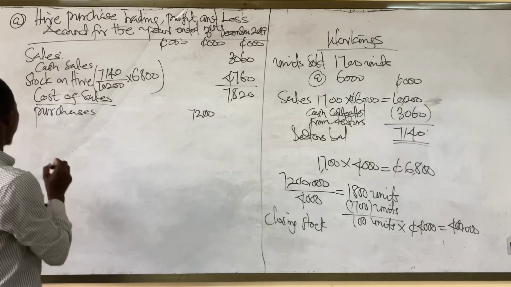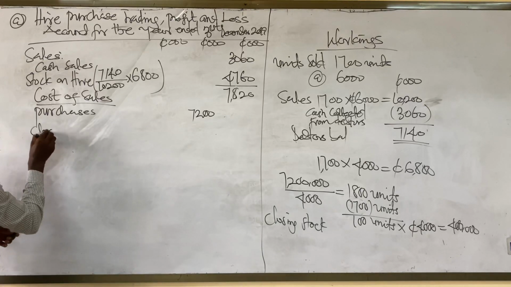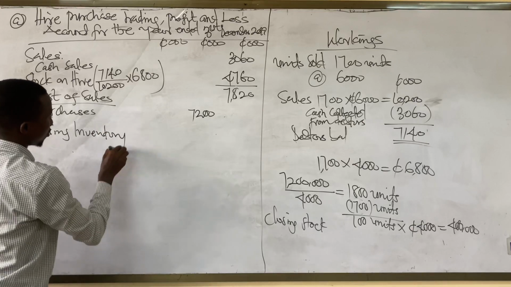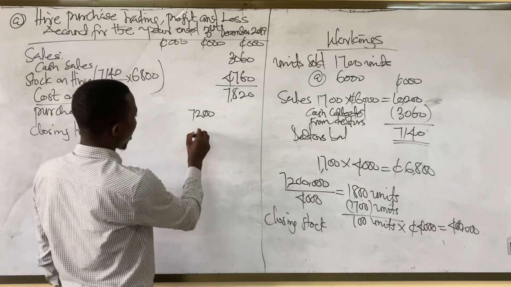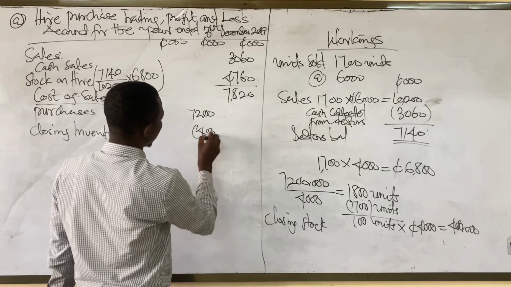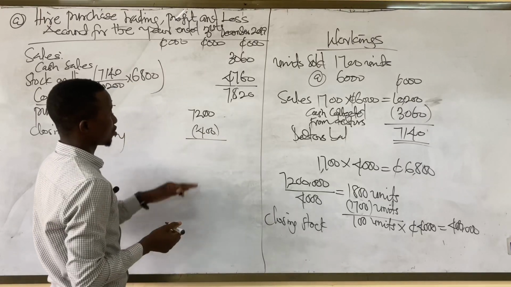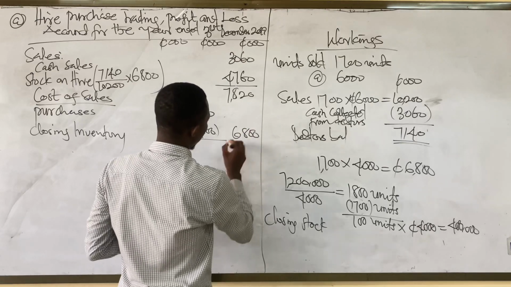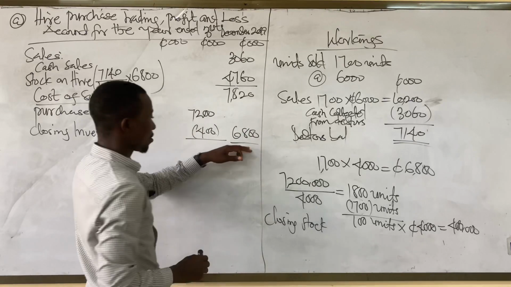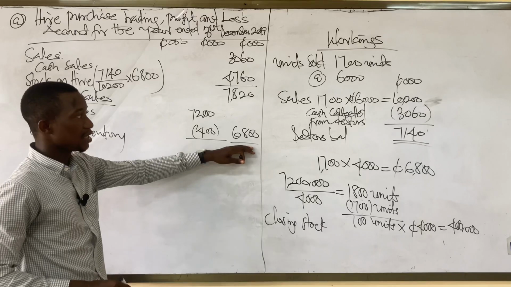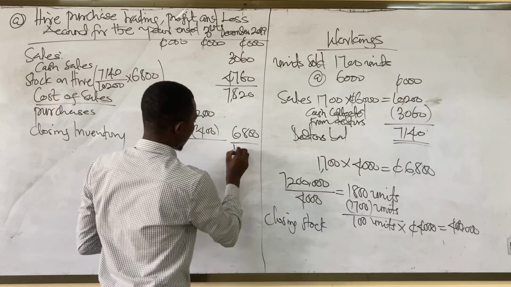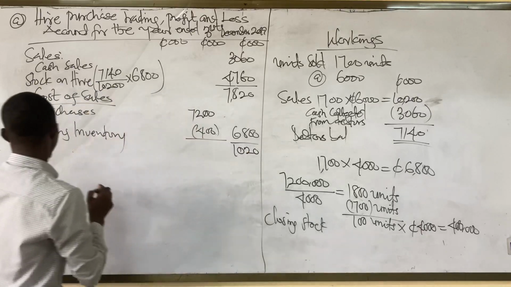Okay, so we take out our closing inventory. So closing inventory of 400 because of the 3 zeros. Is that okay? So when we take this out, we arrive at 6,800. So this becomes the cost of sales. Then we take this cost of sales from the total sales to arrive at 1,020 as the gross profit.